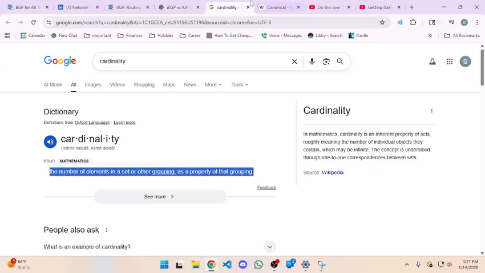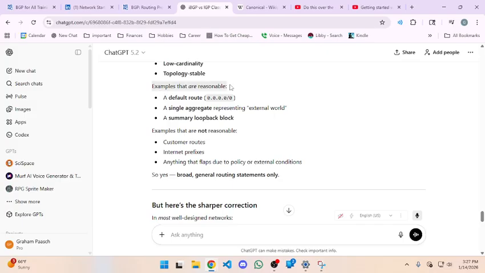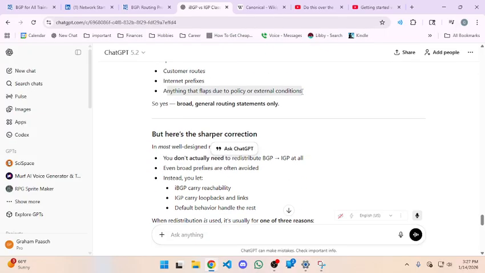Okay, so you're not going to distribute a ton of stuff into it. Topology stable. Examples that are reasonable: a default route, a single aggregate representing the external world, a summary loopback block. Examples that are not reasonable: customer routes, internet prefixes, anything that flaps due to policy or external conditions.